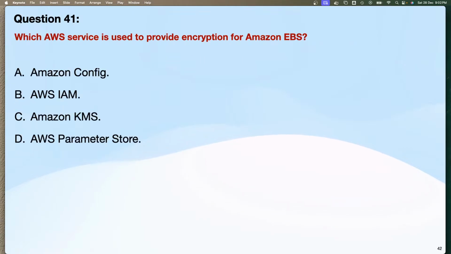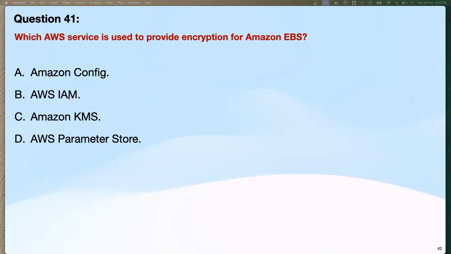So let me go to 41. Which AWS service is used to provide encryption for EBS volumes? So in AWS there is a very popular service. If you wanted to encrypt any data at rest, I will go through those other options so that you will know. AWS Config is a service for config management, nothing to do with encryption or decryption.